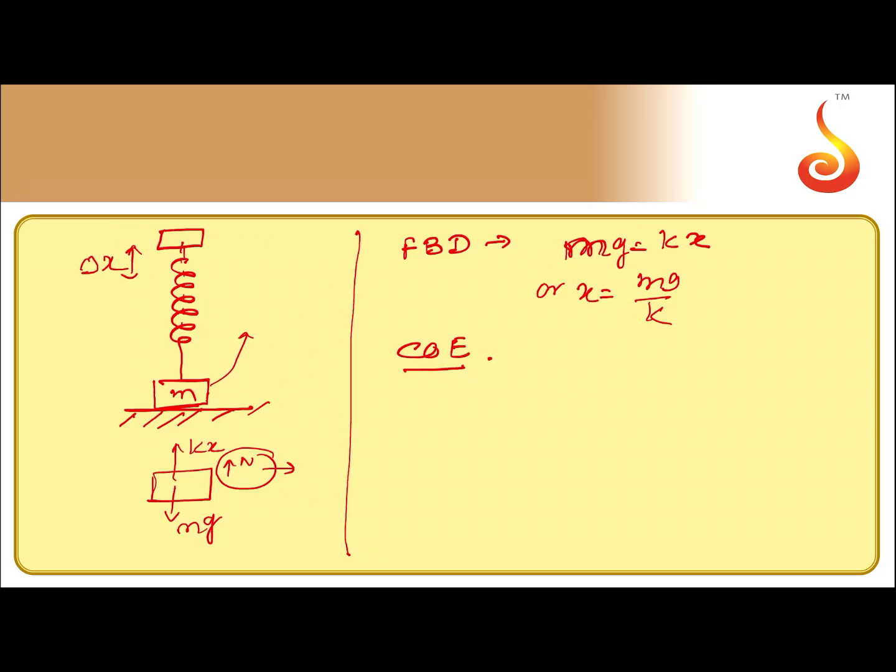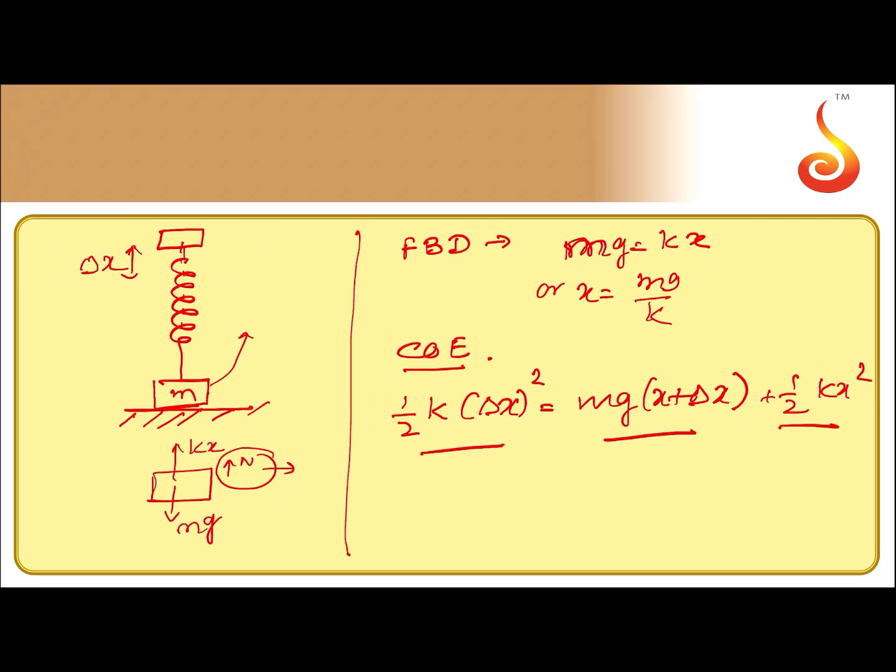The initial energy stored, that is half k delta x square, must be equal to mg into x plus delta x, that's the gain in the potential energy, plus half k x square. This is the final spring energy. So initial spring energy is equal to final spring energy plus gain in the potential energy.